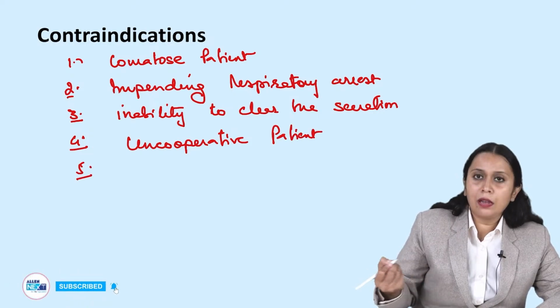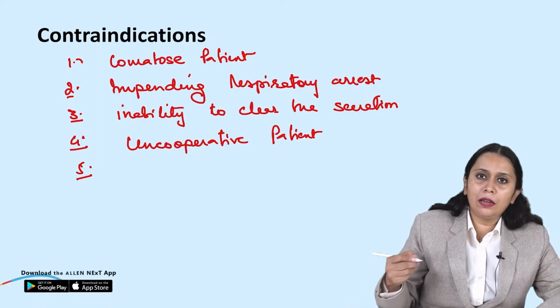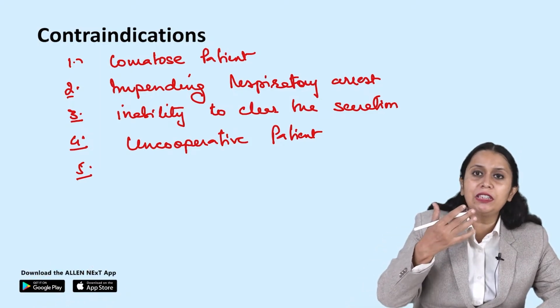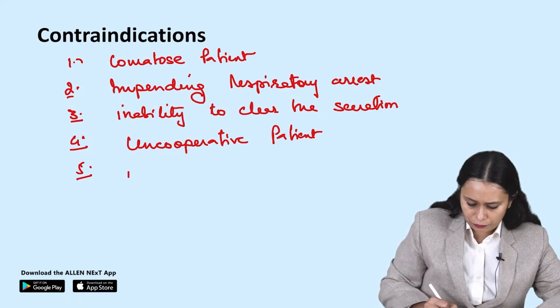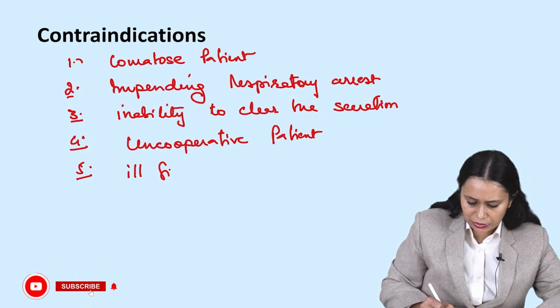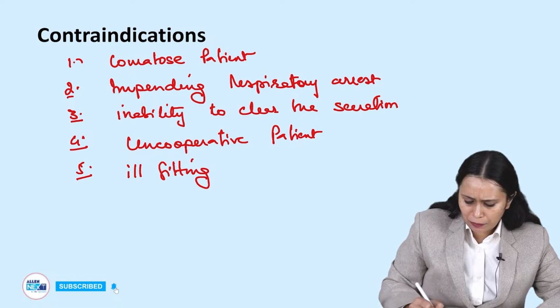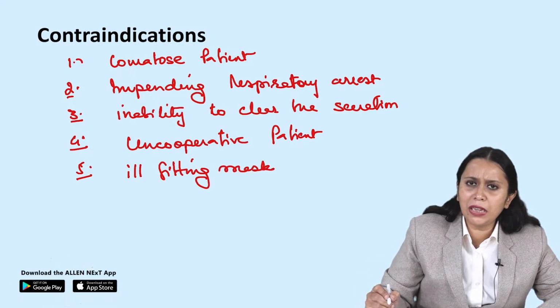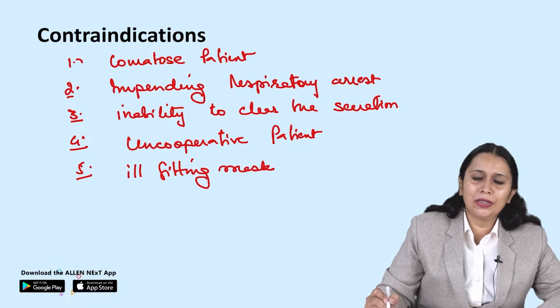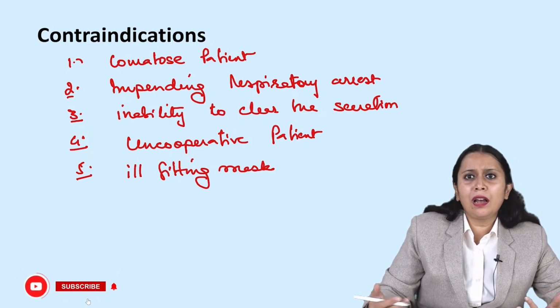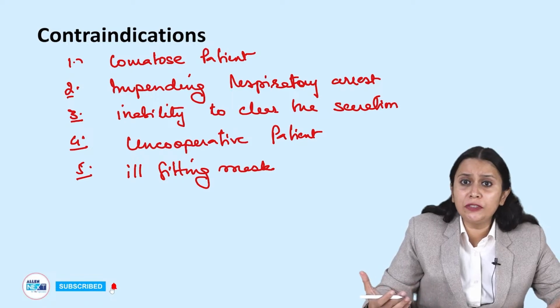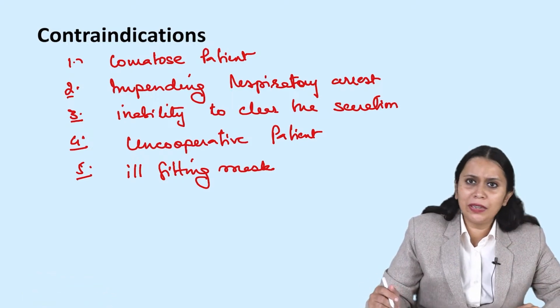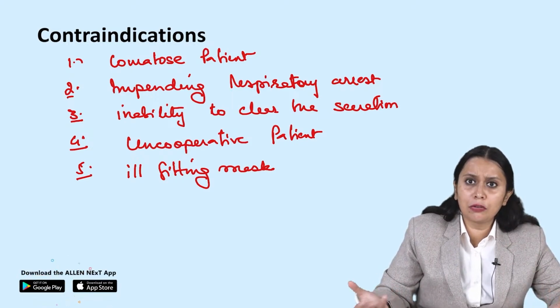And then a patient in whom the seal of the mask is not achieved, with an ill-fitting mask. A number of times we change the mask, we try to bring the right-fit mask, but the fitting is still not good. Then for those patients, ventilation cannot be achieved if we don't have a tight-fitting mask. So again, it is a kind of contraindication.